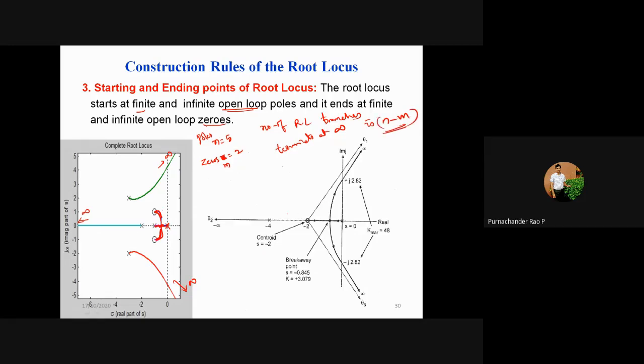The number of root locus branches terminating on infinity is equal to n minus m. For the second problem here, n is equal to 3 and m is equal to 0, and therefore this one is terminating on infinity. The second one is also terminating on infinity.